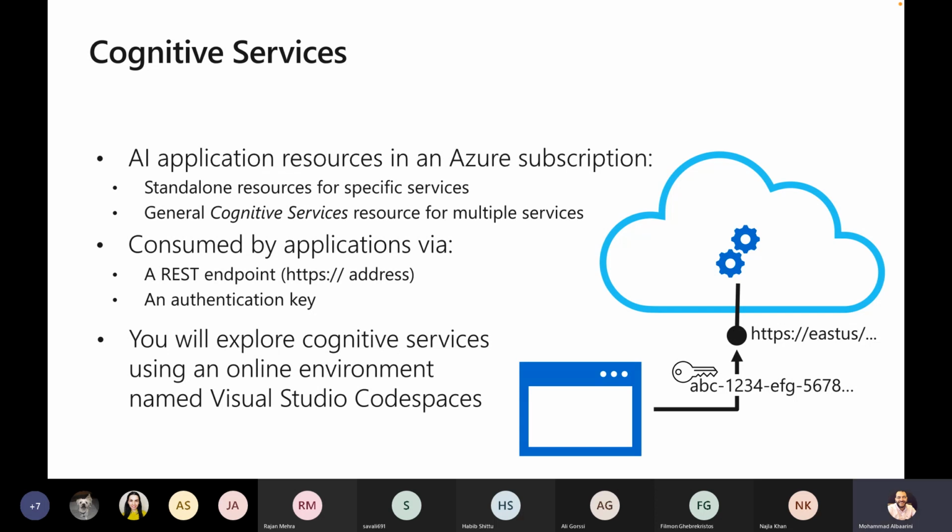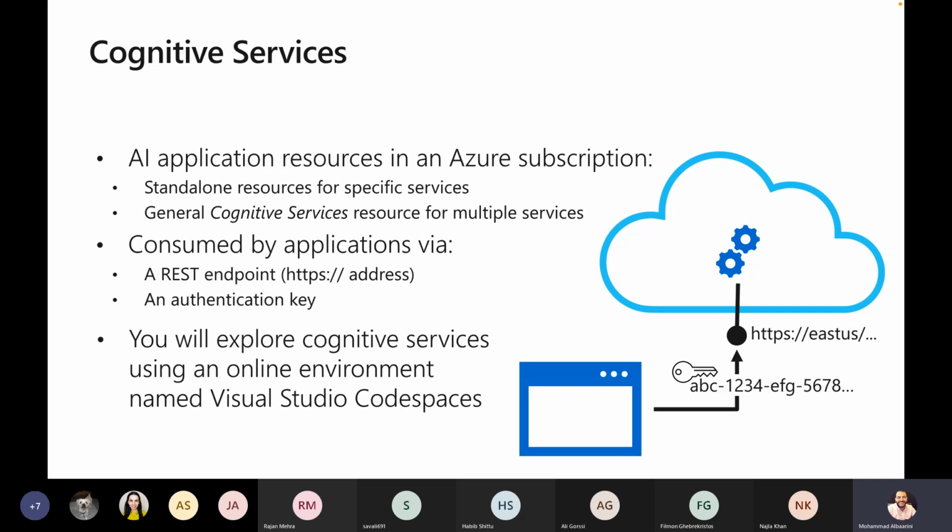To use cognitive services, you must provide a resource in your Azure subscription. This can be a standalone, service-specific resource, for example, a computer vision resource, or a general cognitive services resource that encapsulates multiple services.